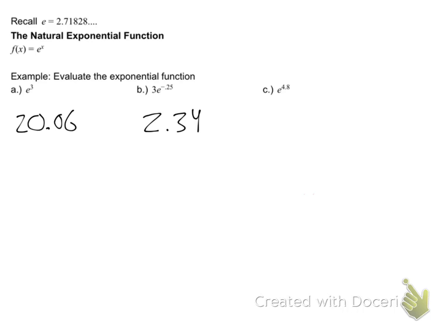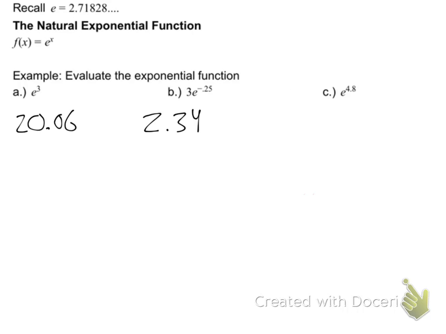Make sure that you put it on your calculator correctly. Hit enter before you multiply by 3. Okay, e to the 4.8, sorry. 121.551 continues on, probably forever.